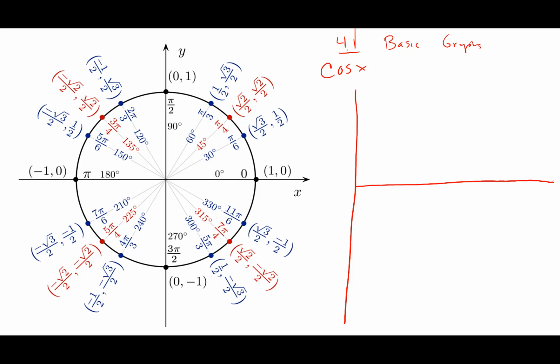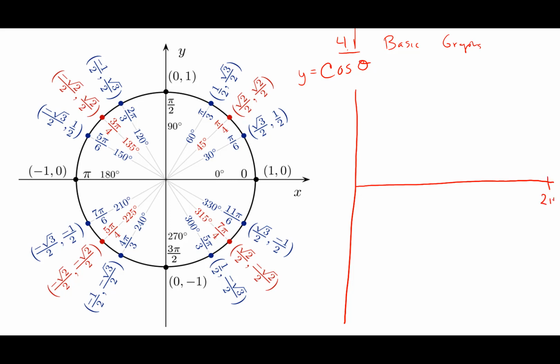We're going to look at the cosine values, so this is going to be the x values. What we're really doing is taking the angle values and making them into an x and y graph. And those angle values are in radian measurement.